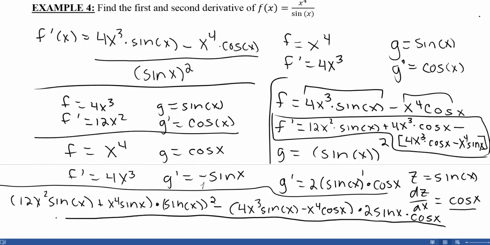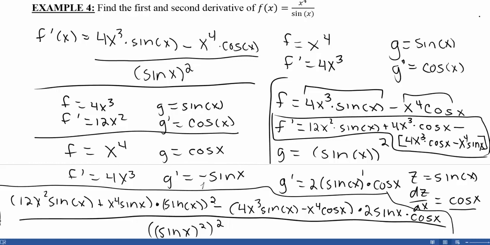All of that divided by g squared, so sine x squared, squared. So my second derivative is really super long, right?